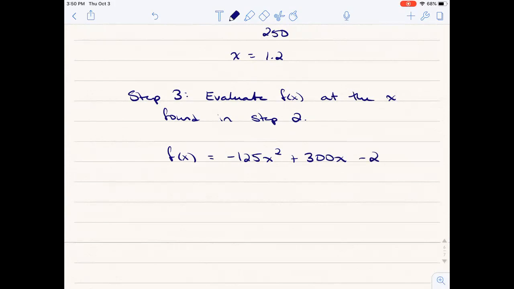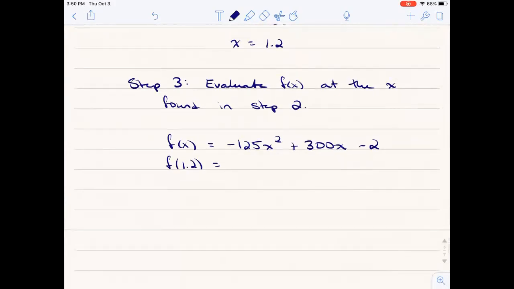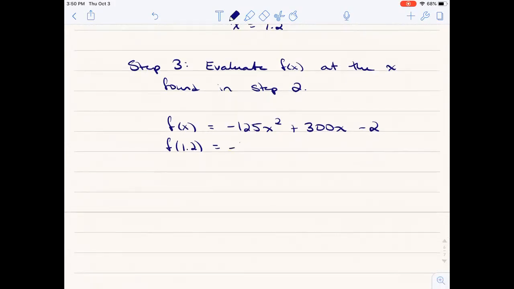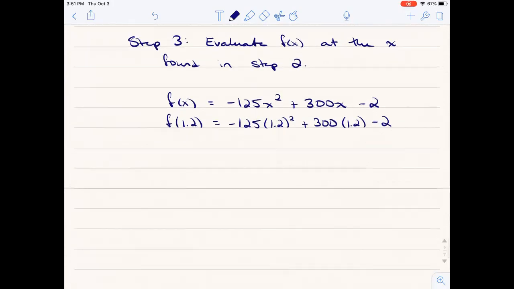So we want to find f of 1.2, which just means substitute in 1.2 wherever you see an x. We get negative 125 times 1.2 squared plus 300 times 1.2 minus 2. 1.2 squared is 1.44.